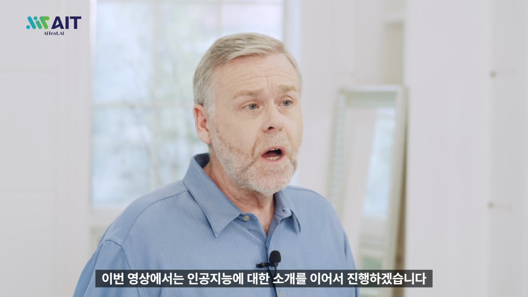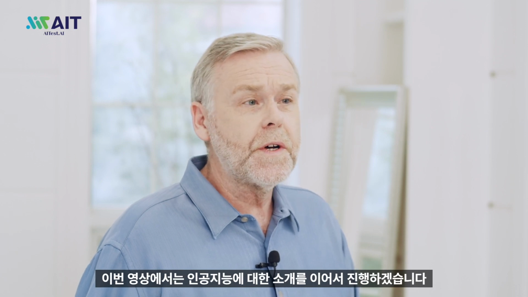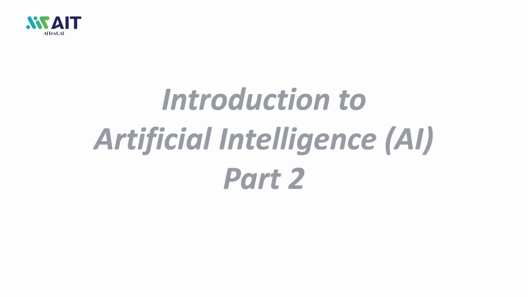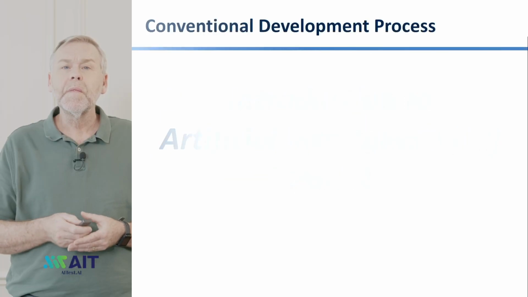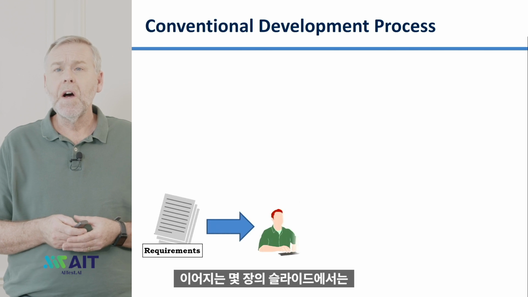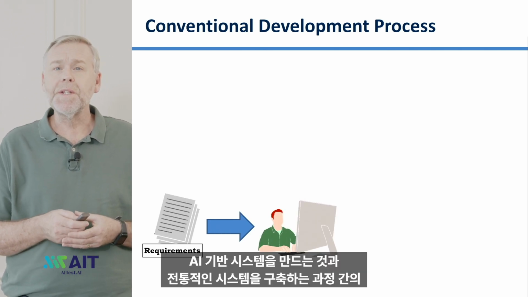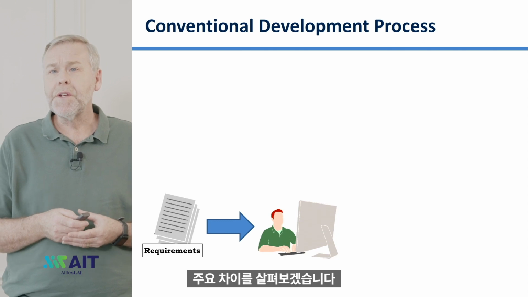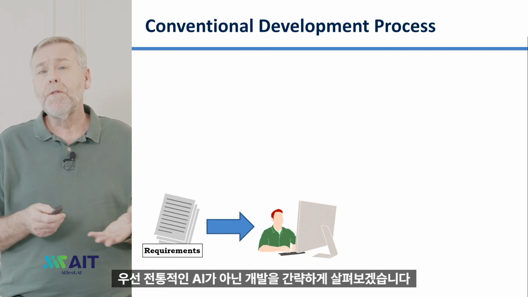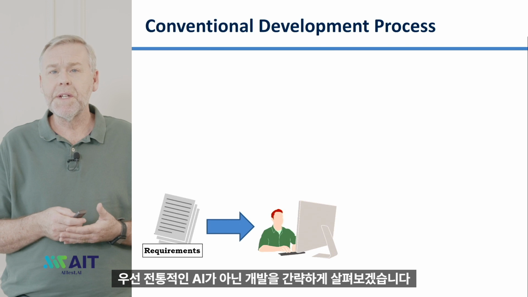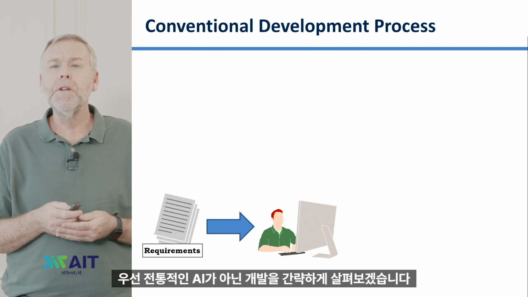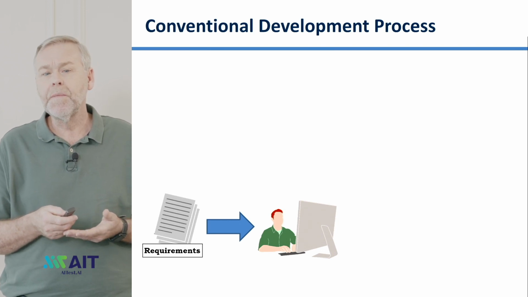In this session, I will continue with the introduction to artificial intelligence. Over the next couple of slides, we will see one of the main differences between generating an AI-based system and building a conventional system. First, we look at a simple representation of conventional non-AI development.